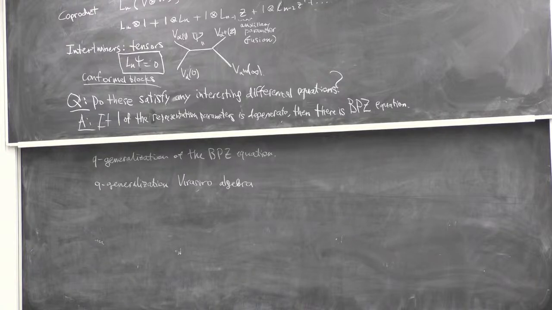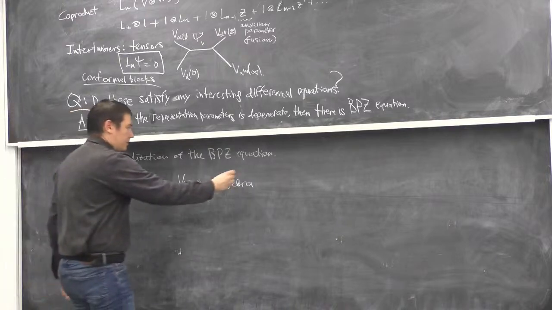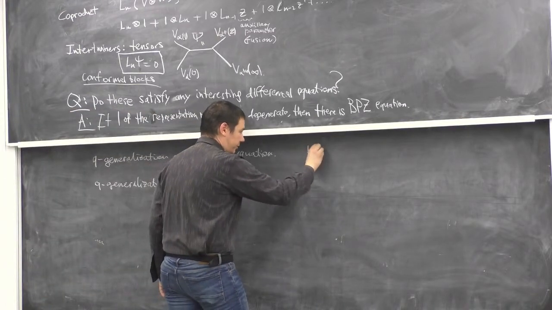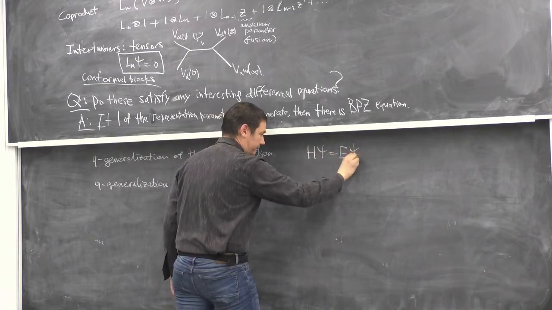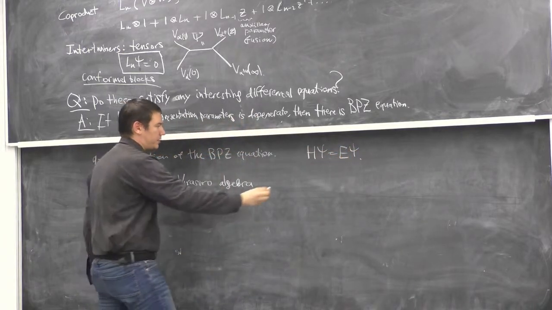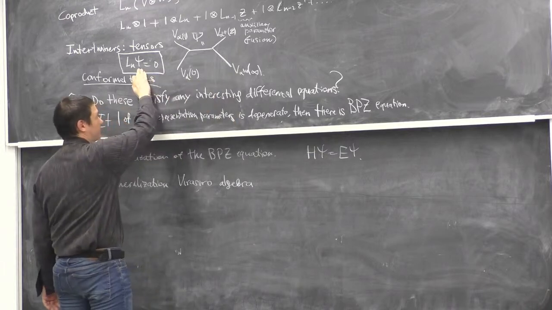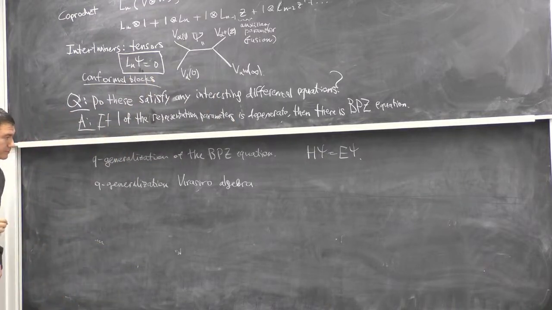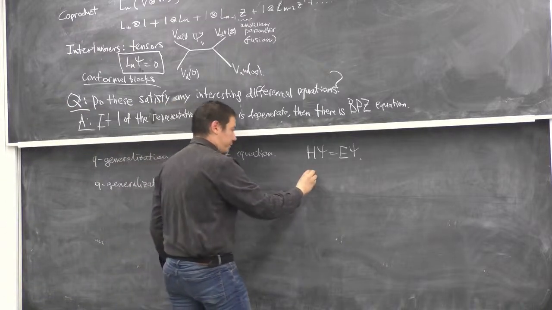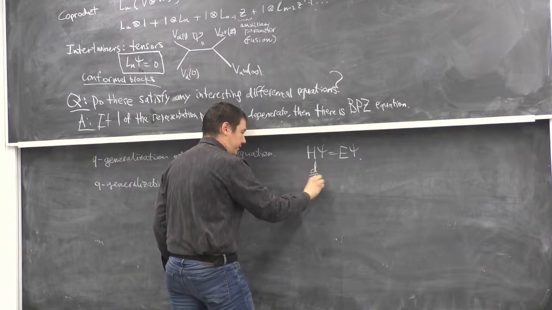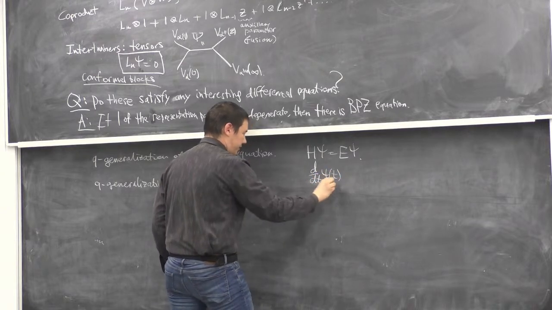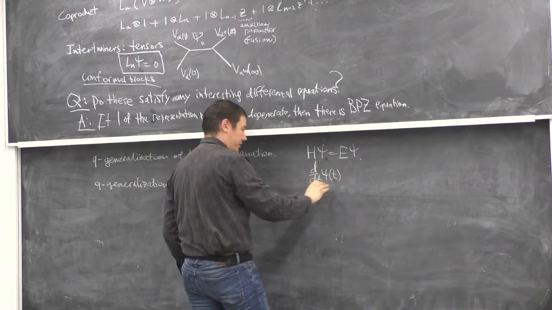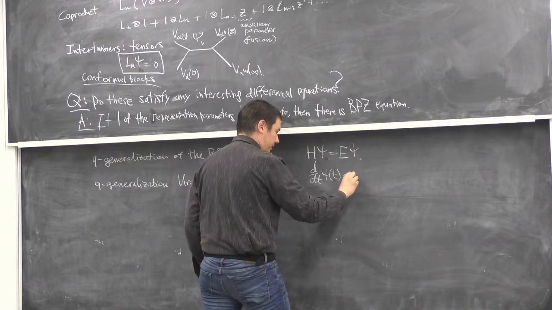One is called stationary, and what you have is H psi equals E psi. And this is not an accident, this psi is the same psi as here. But then there is non-stationary, when you have d over dt of psi of t, which is some other psi, not this psi, equal to H times psi.